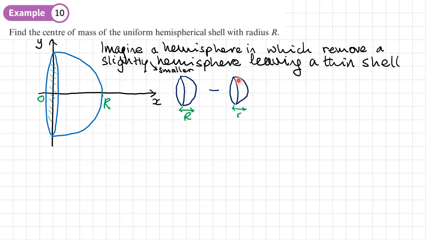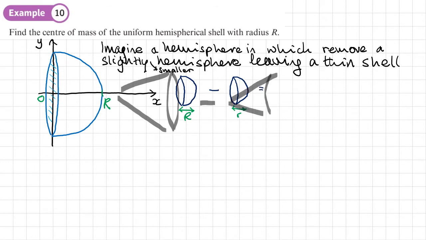So imagine this hemisphere here is just slightly smaller than this one, and it gets scooped out, and then what we're left with is this shell. Imagine an eggshell or a ball, and we know that the radius of this hemisphere is R. This slightly smaller one inside we're going to call little r.